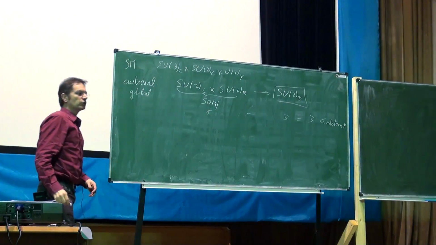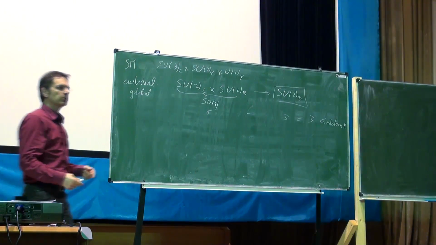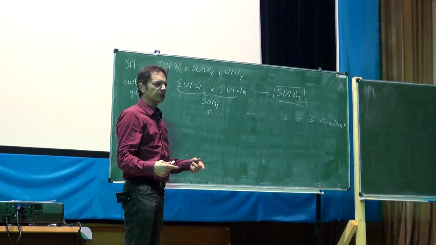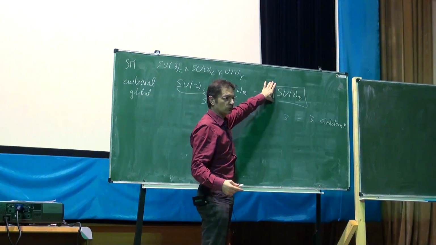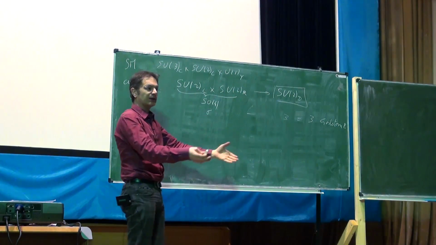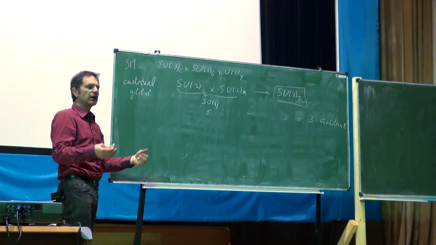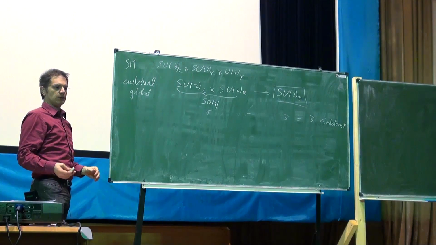So at the end, you expect exactly 3 Goldstone bosons. And what happens, of course, is that those 3 Goldstone bosons are actually eaten by the Higgs mechanism to become the longitudinal polarization of the W and the Z. So it's true that those Goldstone bosons in principle are there in the spectrum, but they don't appear as massless Goldstone bosons, they simply appear as the longitudinal polarization of the massive gauge field.